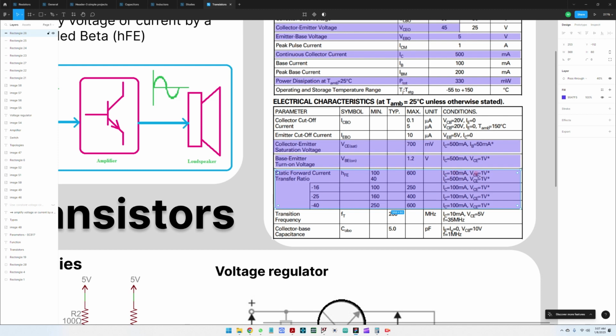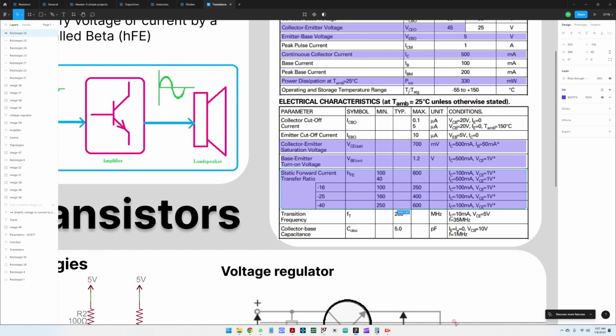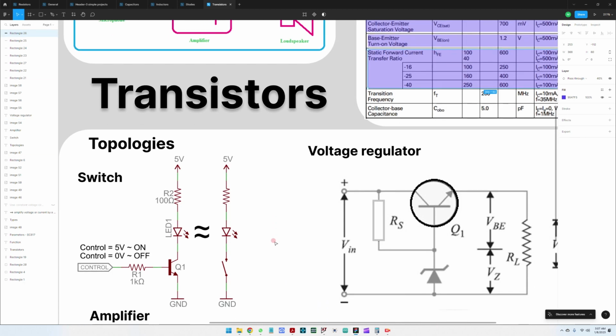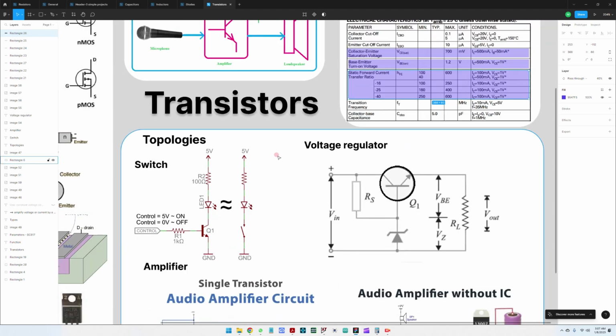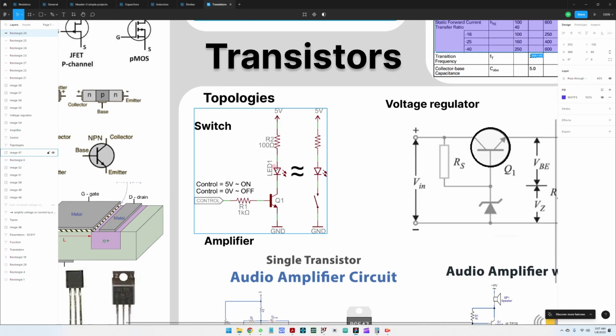For 100 milliamps, I think this would be the most that you would be able to get from this component, 600 times the input current. Regarding some of the main topologies, the first and basic topology for a transistor is the on-off switch.